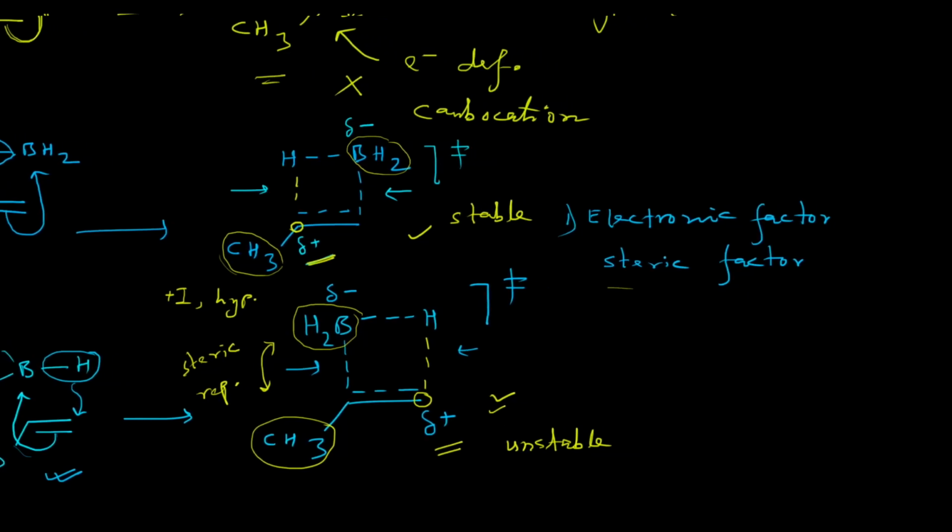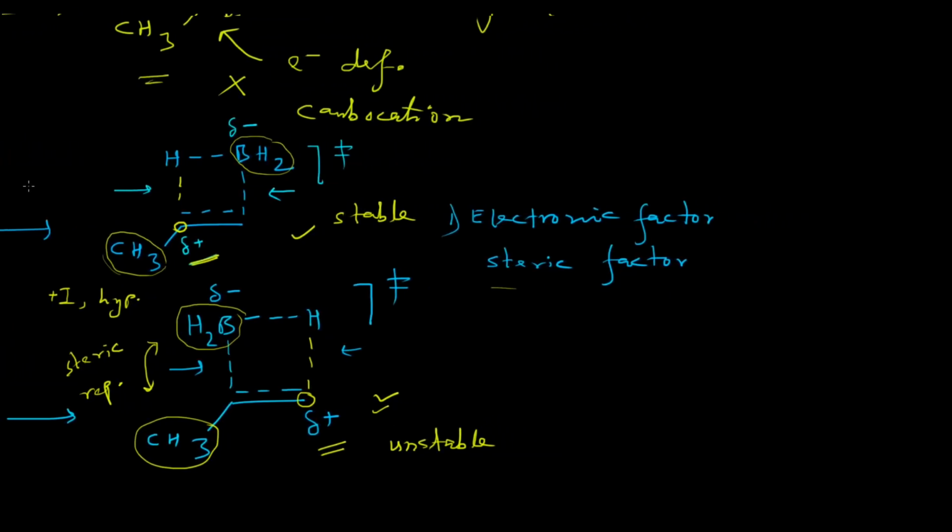Right? So now we can say that the first transition state will form during the reaction, and then the bond breaking and bond forming will be complete, and this will generate our desired monoalkyl boron. This is the product of this step.